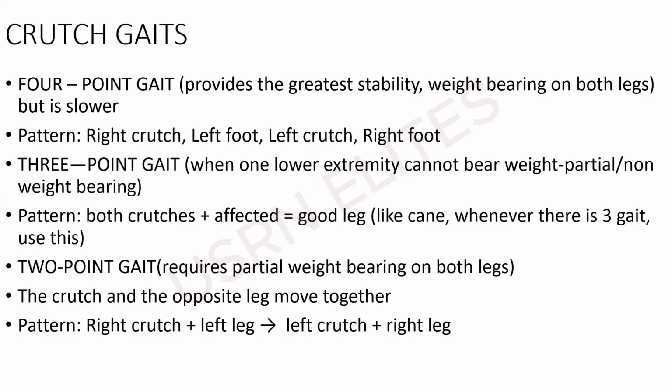When you are using a cane, always cane, bad leg first, and then the last one would be the good leg. So the cane plus the bad moves, then the good moves last.